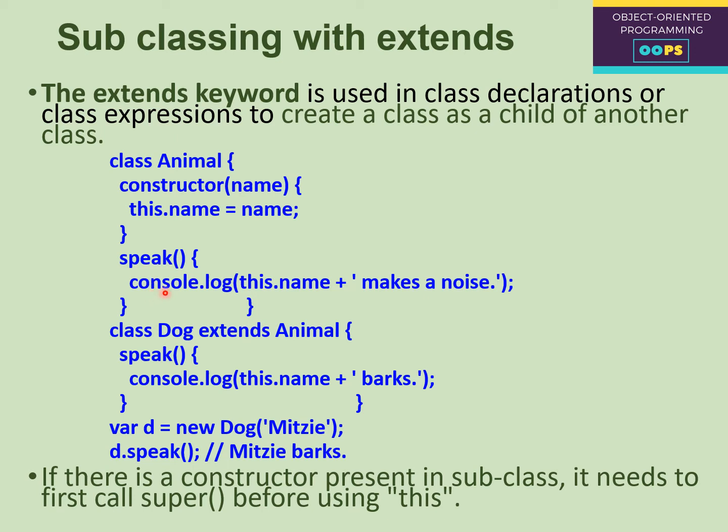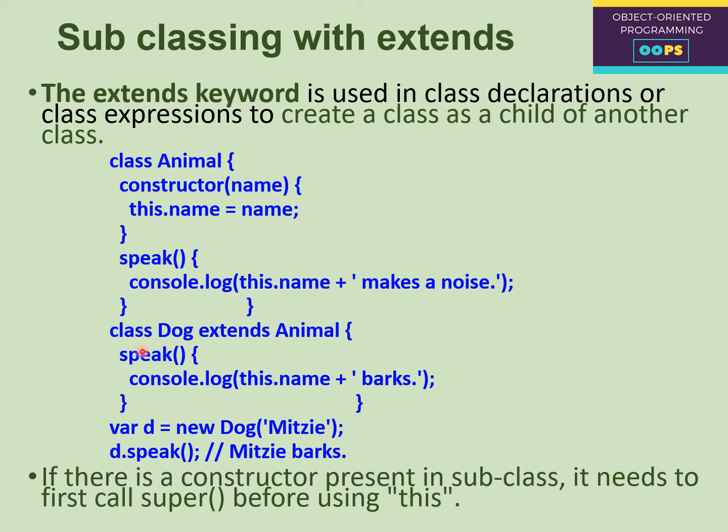Inside the speak function, console.log of this.name makes a noise. So the speak function is used just for printing that this name makes a noise on the console. So this is the Animal class, which has a property called name and a function called speak.